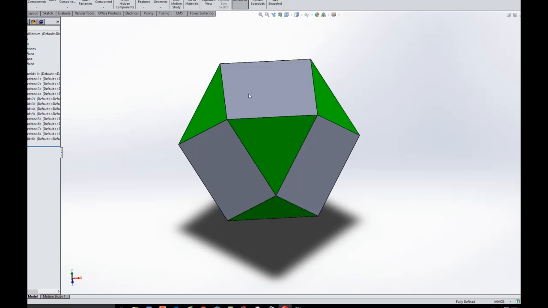So the icosahedron, where all the faces are triangular, is the matter shape, the material shape of the energy.